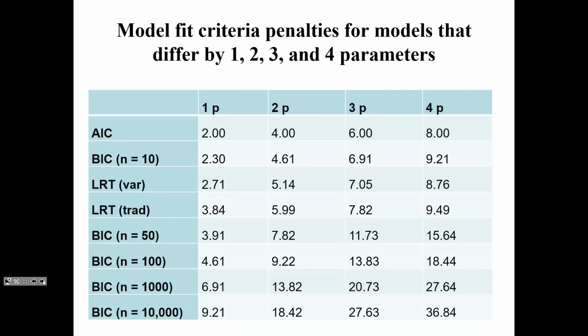And if you had 10,000 people, you'd need a deviance difference of like 36.84. So again, imagine you're doing a 4 parameter test and you find that the difference in the deviances is like 9, let's say. That's like you're in the netherworld of trying to figure out what to do.